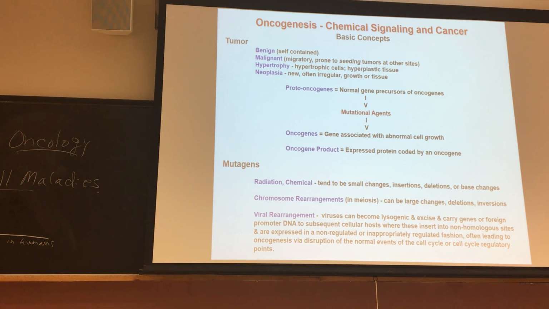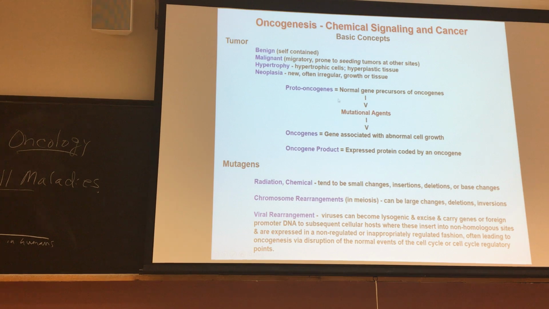So they're the normal gene precursors of oncogenes. If you have a mutational event, either external or internal, you can convert a proto-oncogene to an oncogene.